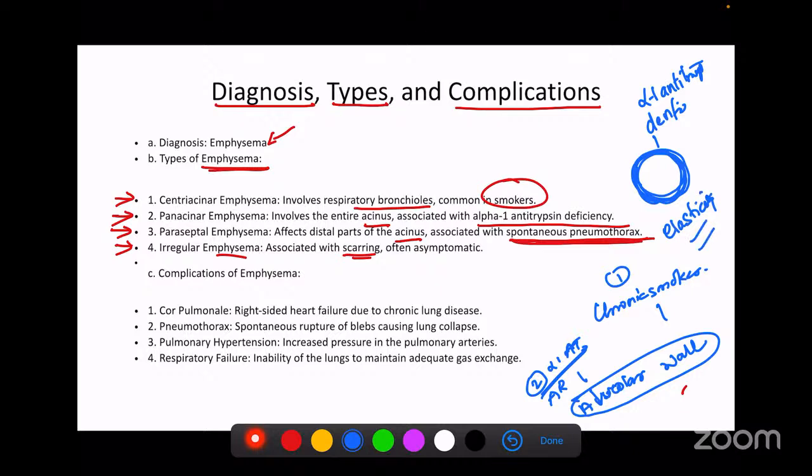Alpha-1 antitrypsin is an anti-protease enzyme. It stops protease-induced destruction of the alveolar wall and maintains its elasticity.